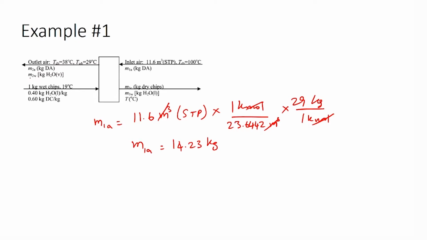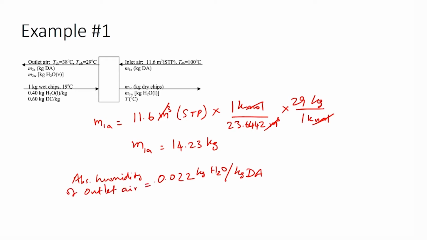However, we need to calculate the mass of water which is leaving the system along with the air, which is M2W. We know that the absolute humidity for the air water mixture leaving the system is 0.022 kilograms of water per kilogram of dry air. This is the absolute humidity of the exit stream, the outlet air.